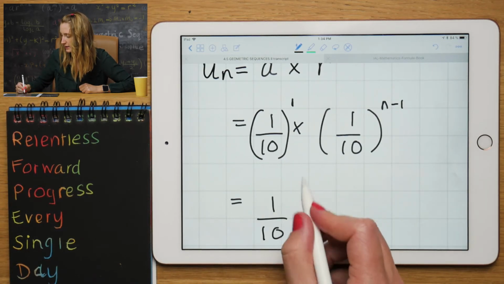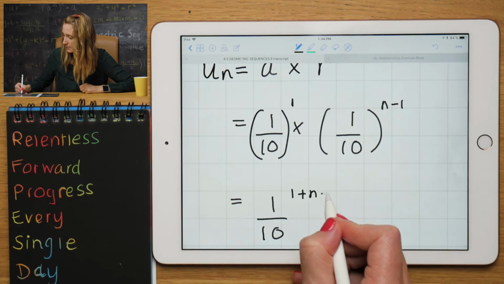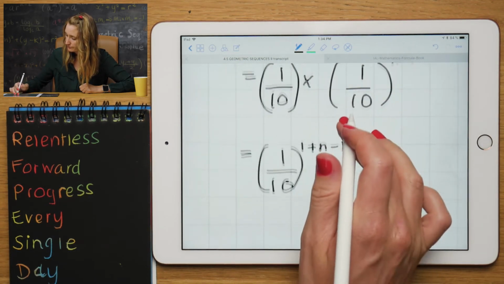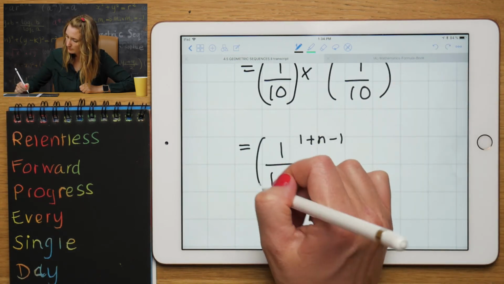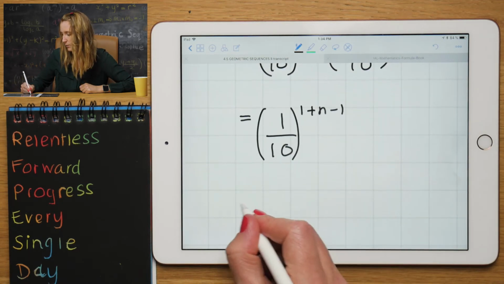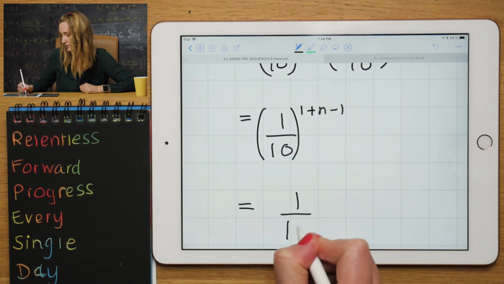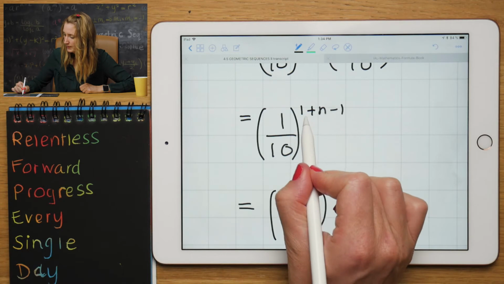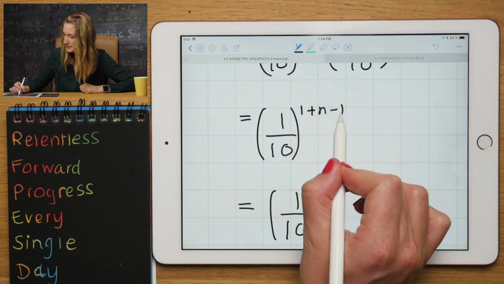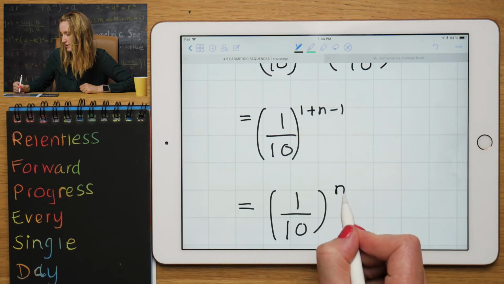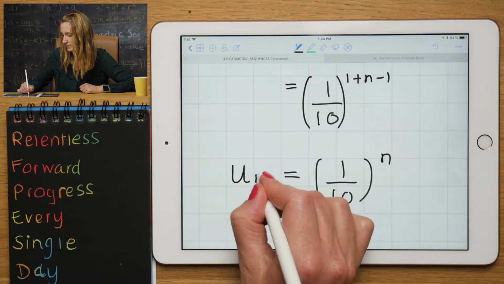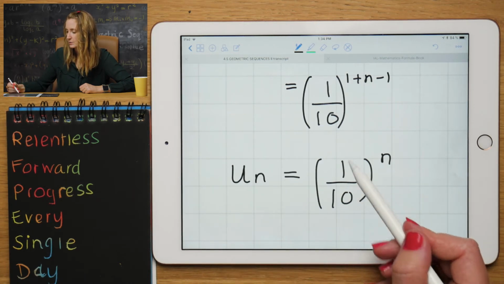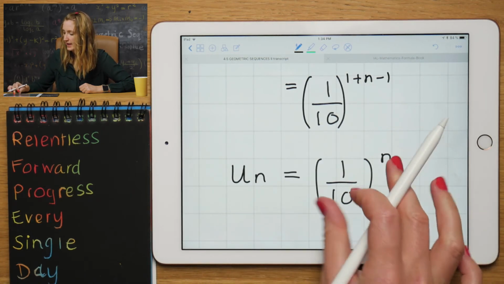This is going to be 1 plus n minus 1. And we can simplify that a little bit with 1 minus 1. They would cancel out and we would just have n left. So here we would have un is equal to 1 over 10 to the n.